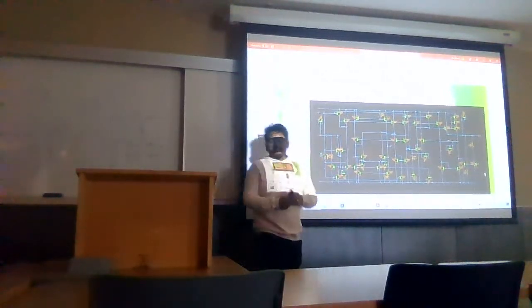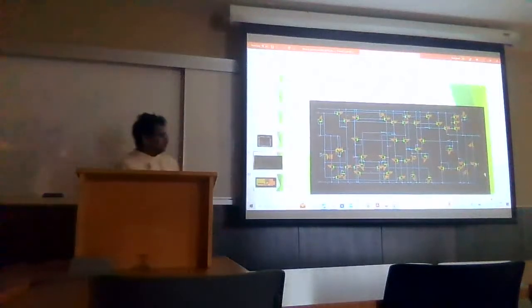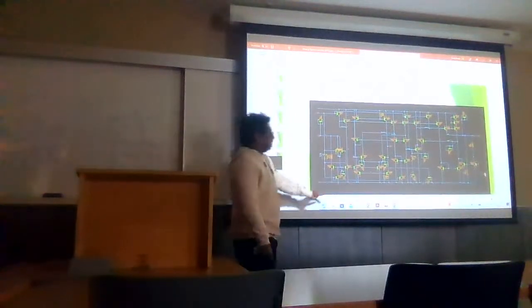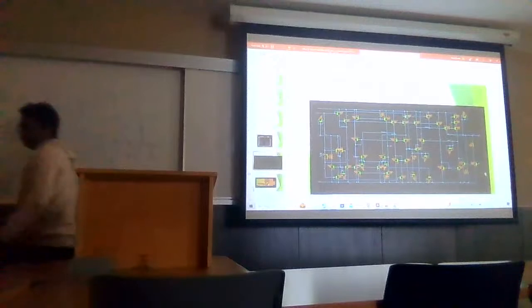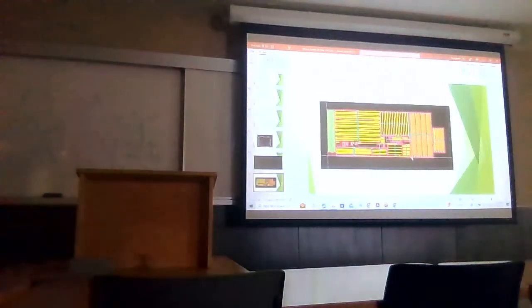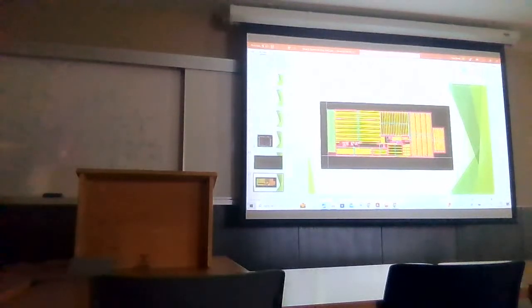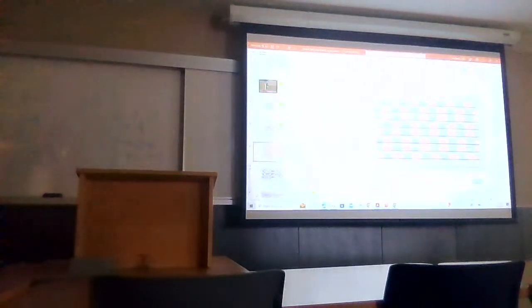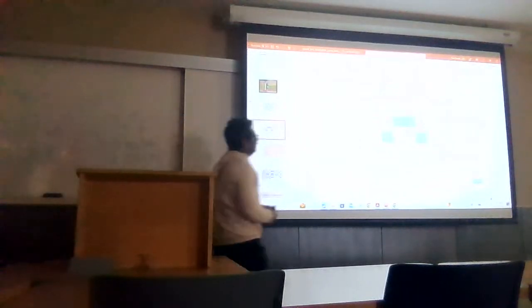If you are working as a layout design engineer, there is some matching. I'm showing you some matching example. Let's say it is a physical layout of the circuit, but what is the matching? First, consider this small circuit here.